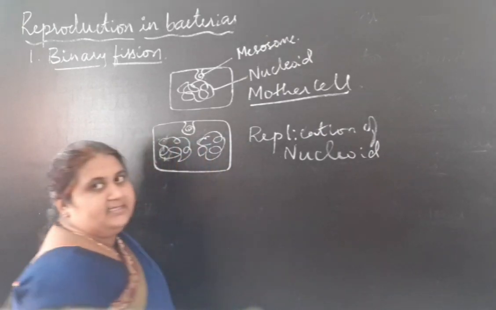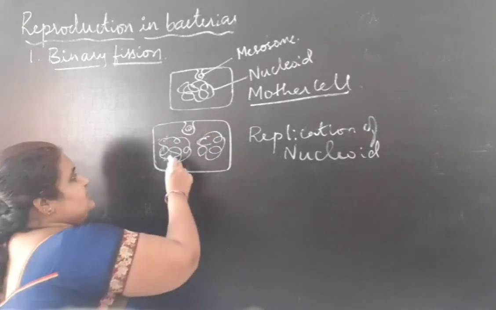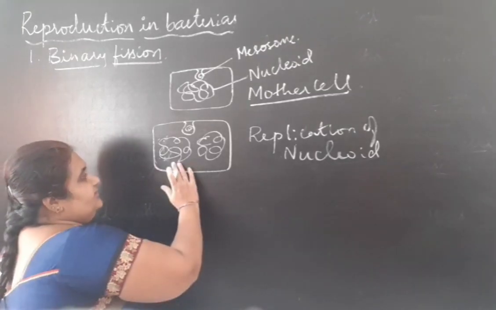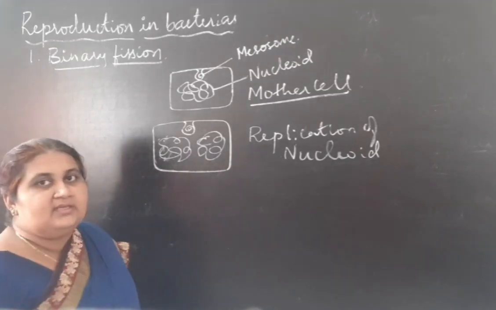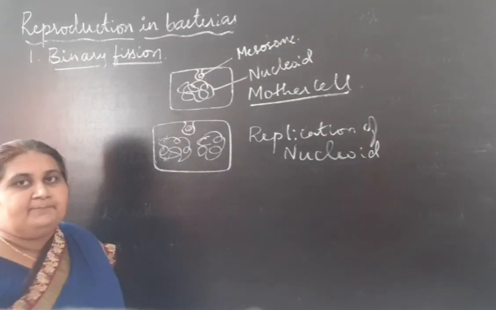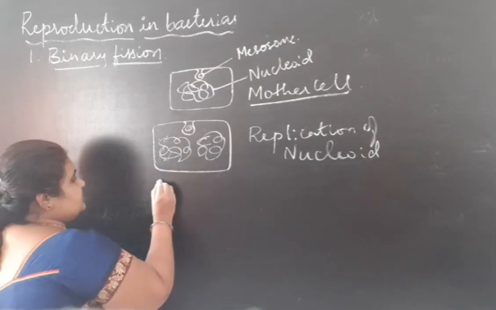The genetic material, the nucleoid, will undergo replication to produce another copy. So now we can find in the mother cell there are two genetic materials present.